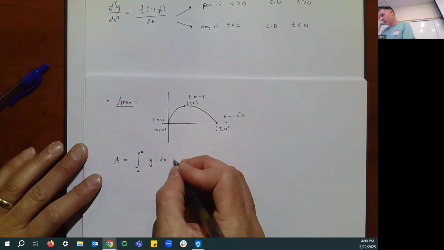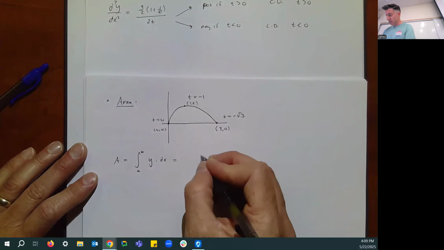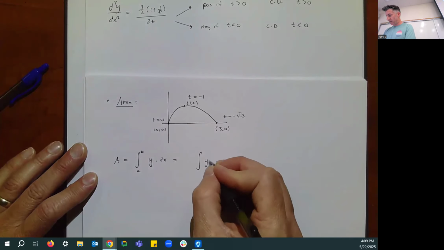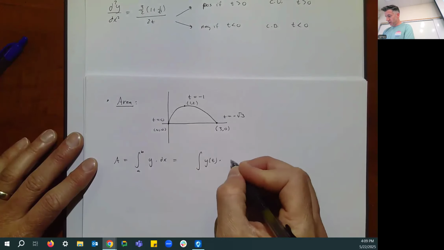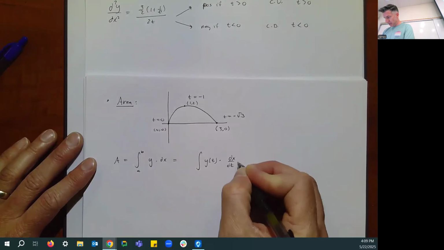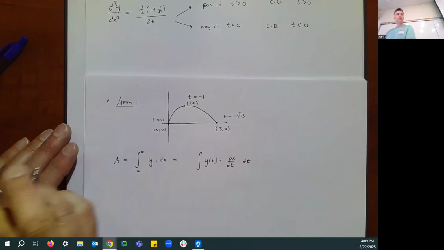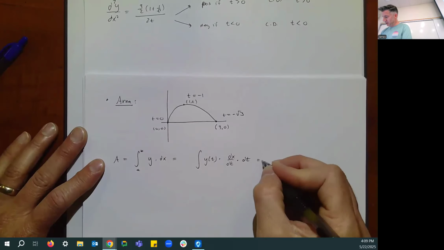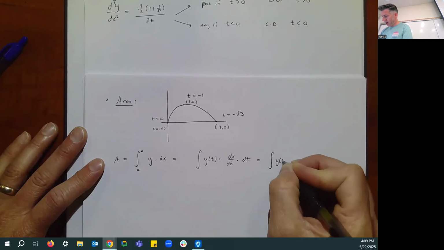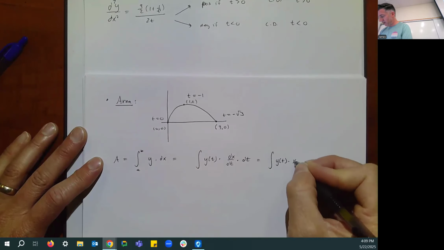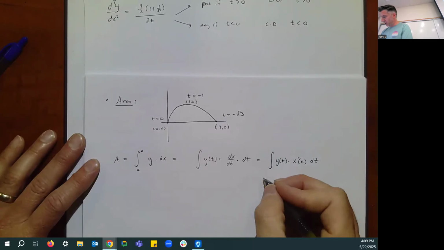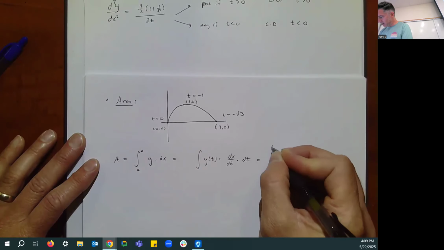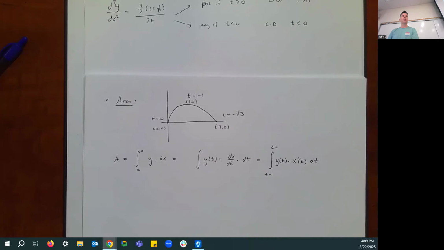If we turn it into being in terms of t, it's y of t, and instead of writing dx, I'm going to write dx/dt times dt. So then it becomes the integral of the parameterization of y times the derivative of the parameterization of x dt, with the appropriate t limits of integration. Kind of cool, I think.